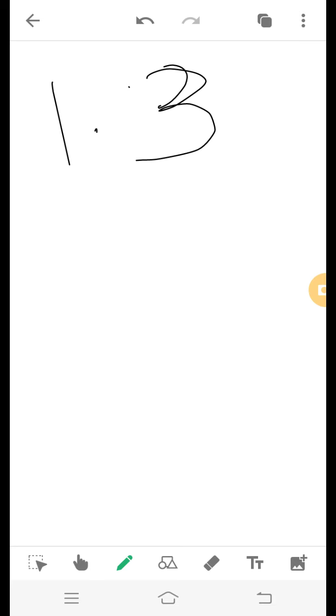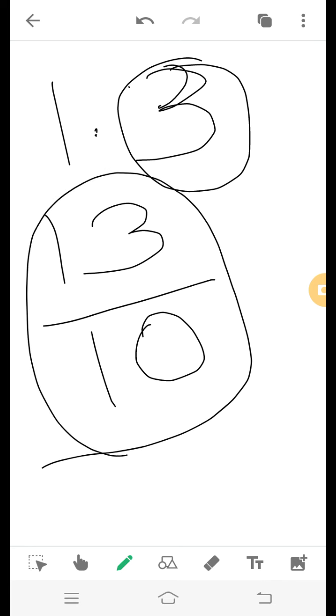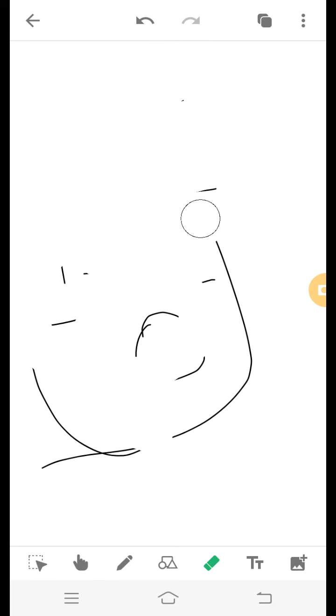Now, I want this number in the simple form. So how to do this? First write 13. After the point, you have to count how many digits there are. It's one digit. So put 10 below. So that is your simple form, 13 divided by 10.